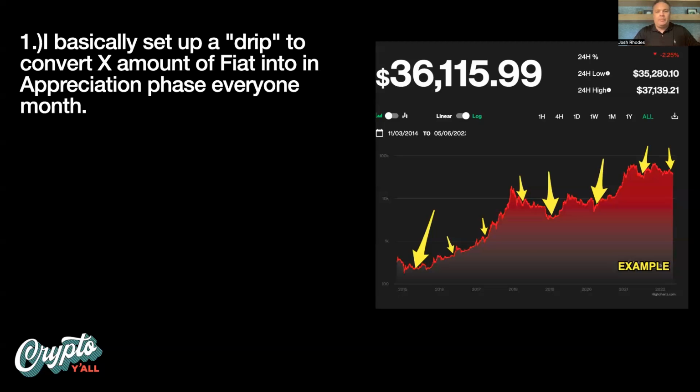Basically, I set up a drip savings or transfer from your bank account or any funding source, and you convert X amount of dollars, and maybe this is $50 a month or $50 a week of fiat, US dollar, whatever currency you have in your country, into the appreciation phase every single month.